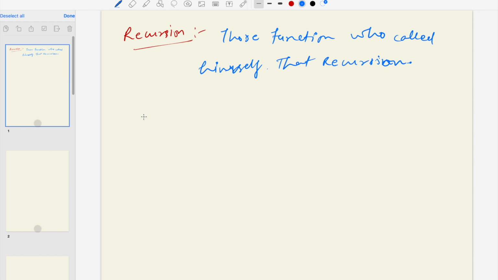We start from an algebraic term. There is a function in algebra, f of x equals x square, right? How will we write this algebraic function in JavaScript?